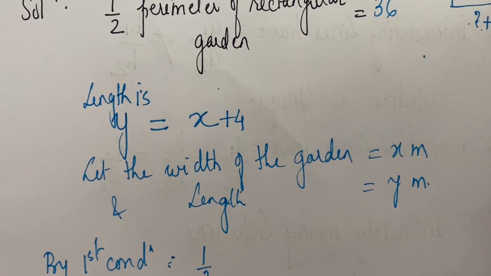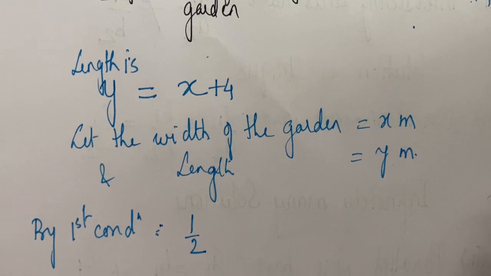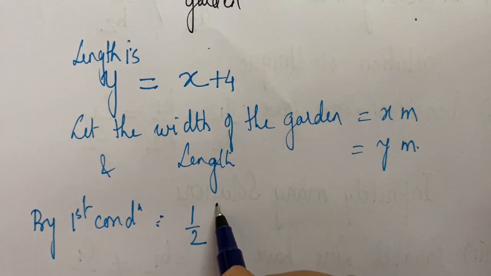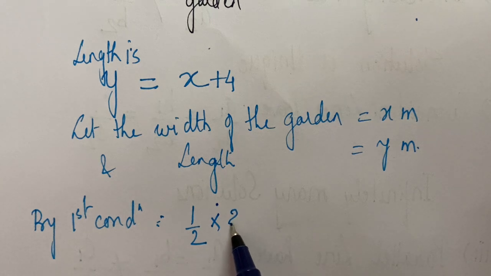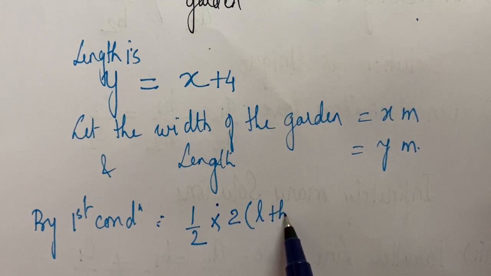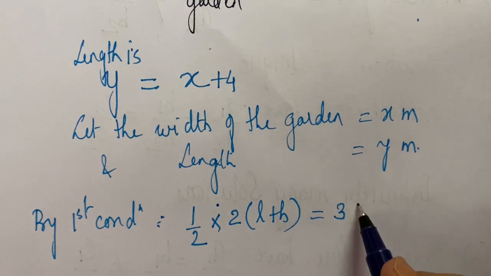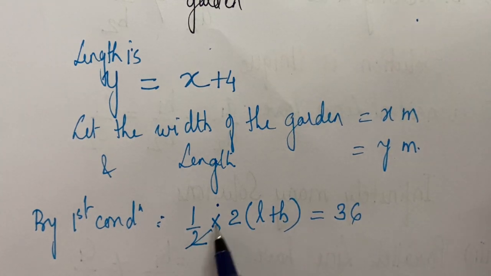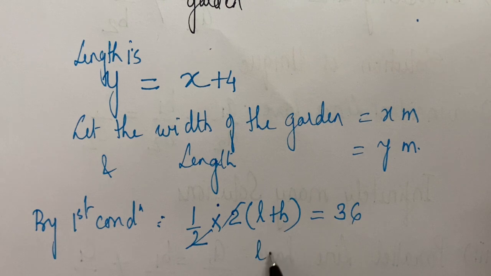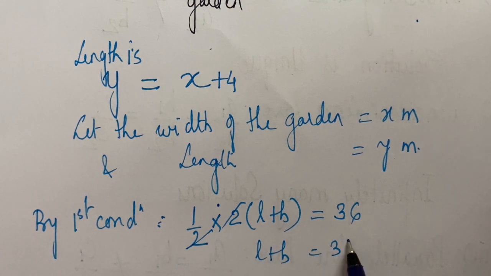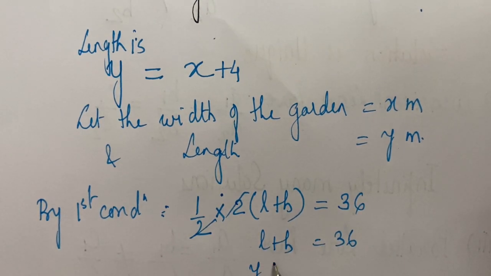Now by first condition, half the perimeter of a rectangle is given by the formula: half perimeter of a rectangle is twice length plus breadth, that is equal to 36. So 2 is cancelled, length plus breadth is equal to 36. What is your length? y.